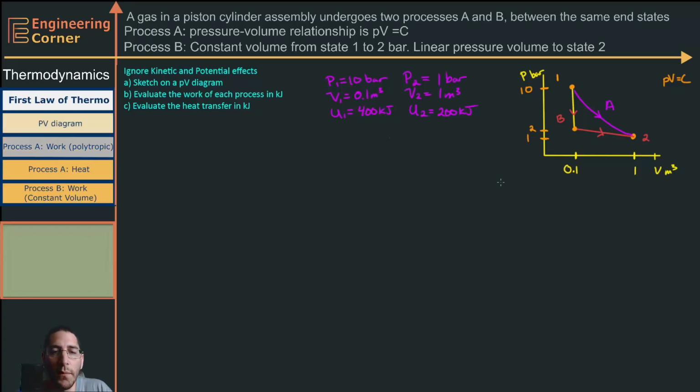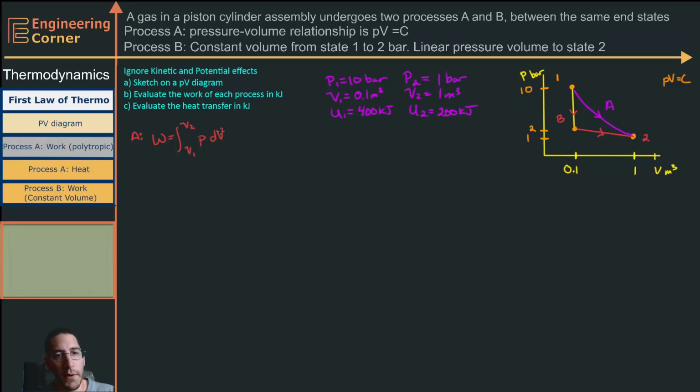Now let's start with process A and figure out the work of process A. We know it's a polytropic process because it's given by PV equals C, and our work is the integral from V2 to V1 of the pressure dV.